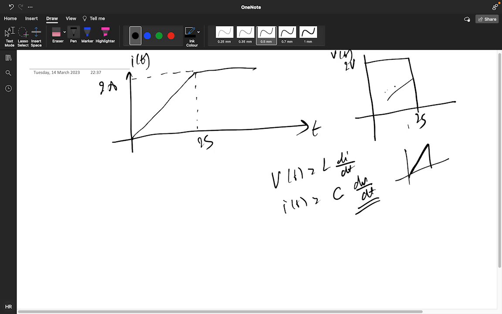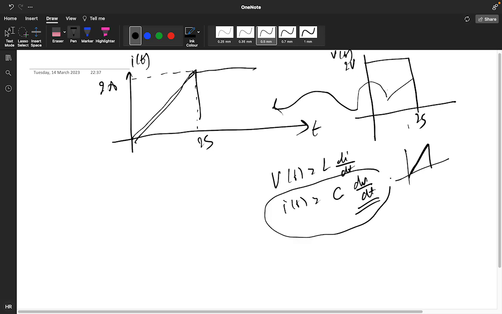So this is getting differentiated so that you are getting a triangular pulse like this. That means this particular one is representing a capacitor.